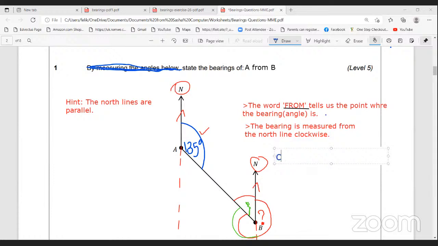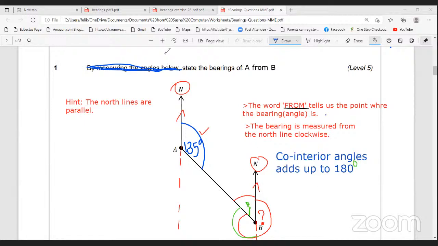All right, co-interior angles add up to 180 degrees.